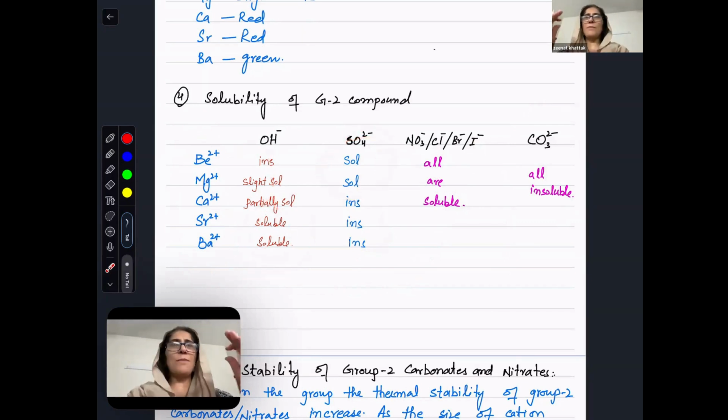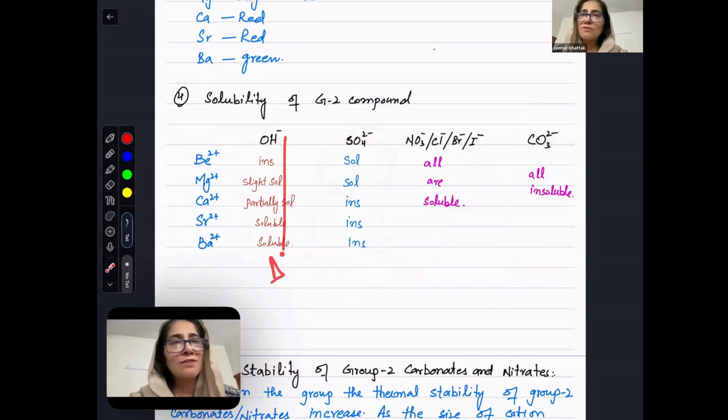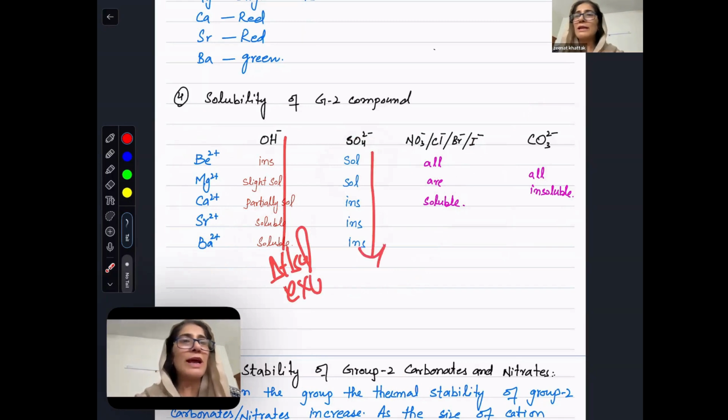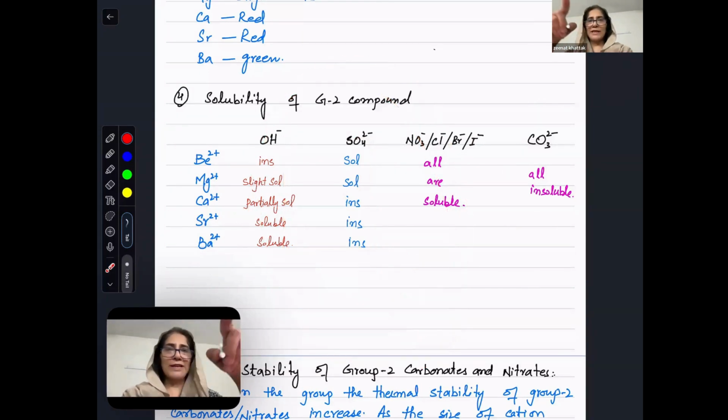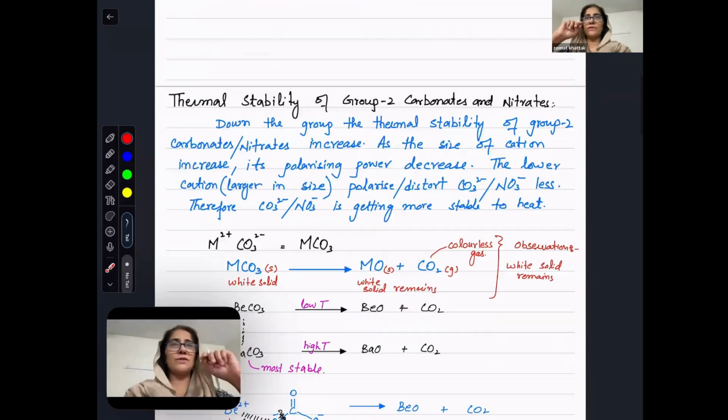Their solubilities are opposite. Their delta H solution becomes exothermic, and their delta H solution becomes endothermic. This is fully explained in my next lecture. But right now, I'm going to explain the thermal stability of group 2 carbonates and nitrates.